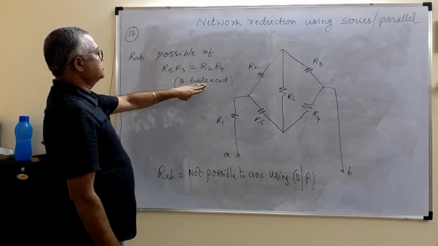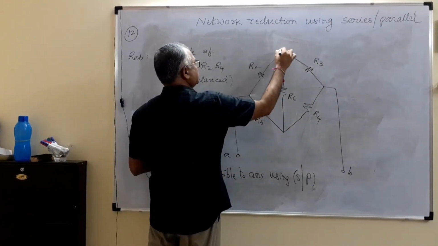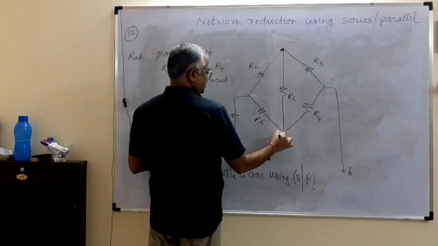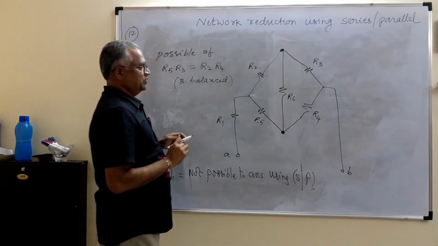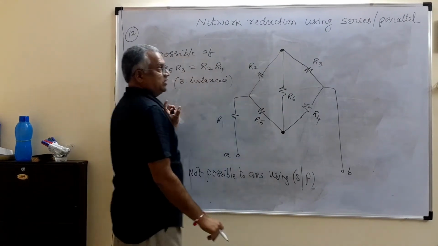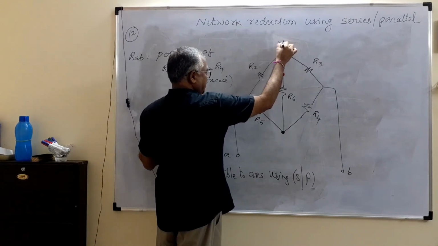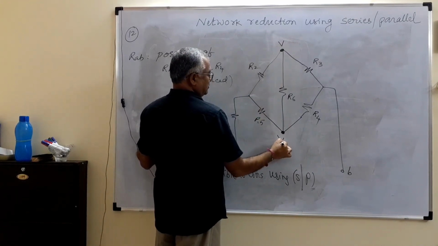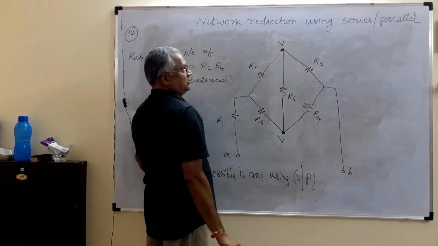So what are the characteristics when the bridge is balanced? Bridge balanced means the voltage at this point and the voltage at this point are the same or equal. For example, when I say voltage here is V, this V is not same, it is equal.